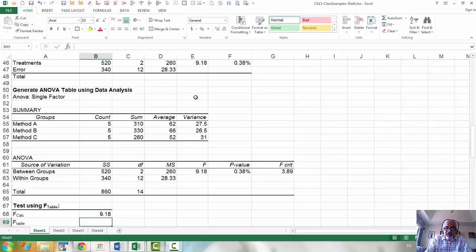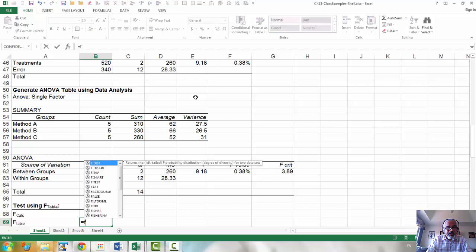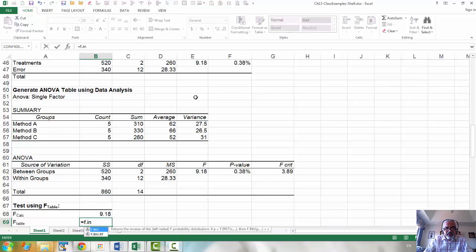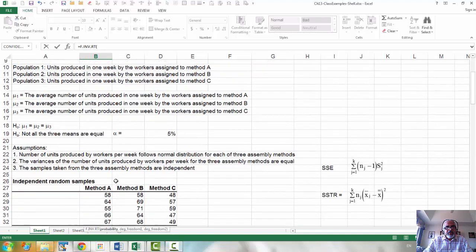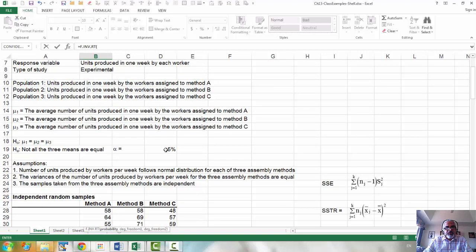Now F table value is given by F.INV.RT. Okay, remember F distribution is always one-sided. The probability for testing, we assumed alpha of 5%.